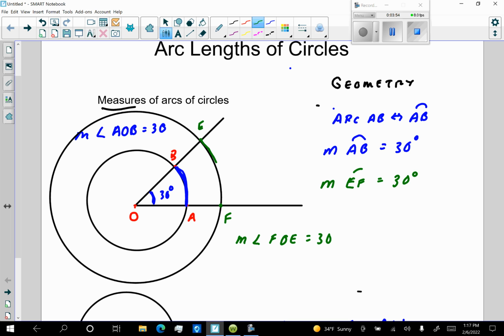And this is the length of arc EF. Clearly, the distance E is from F on the bigger circle is longer than the distance from A to B. So although arcs can have the same measure, they will have different lengths, that is, if the circles have different radii. And clearly, these circles have different radii.